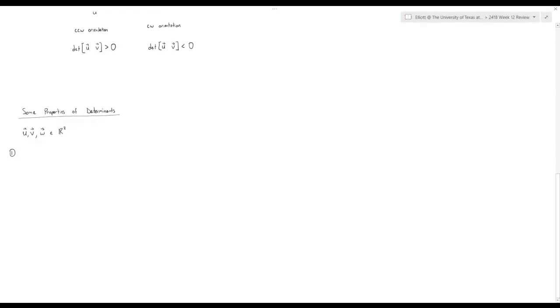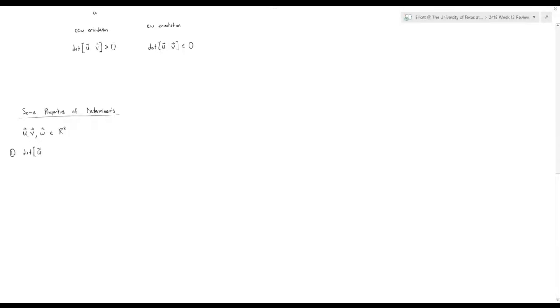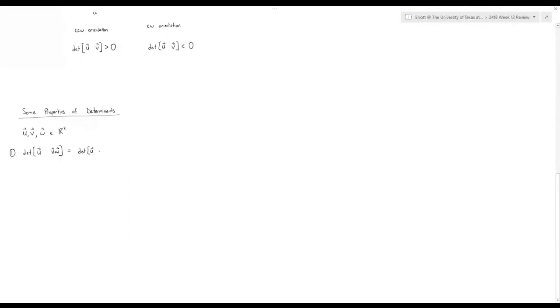One property that I want to mention is this additive or distributive property, where if you want the determinant of the matrix whose first column is u and whose second column is v plus w, the determinant of this matrix will be equal to the determinant of u, v, plus the determinant of u, w.